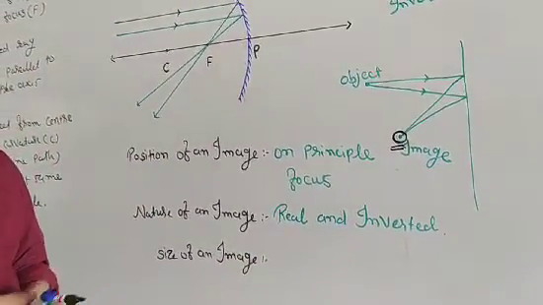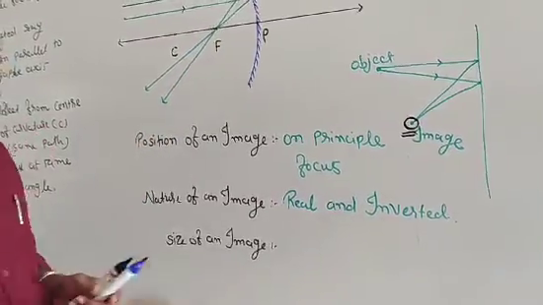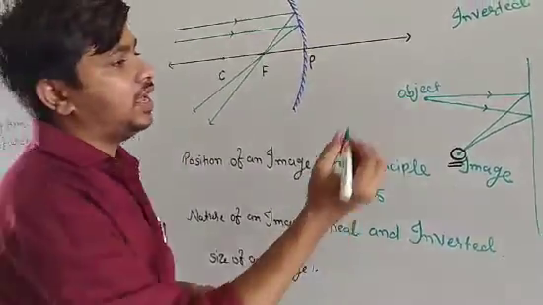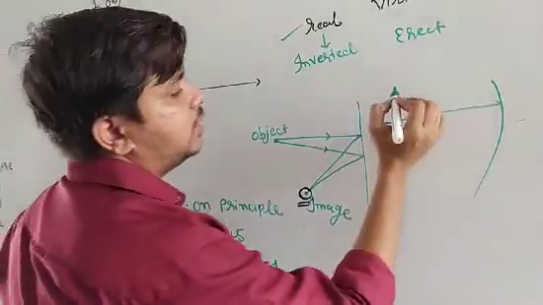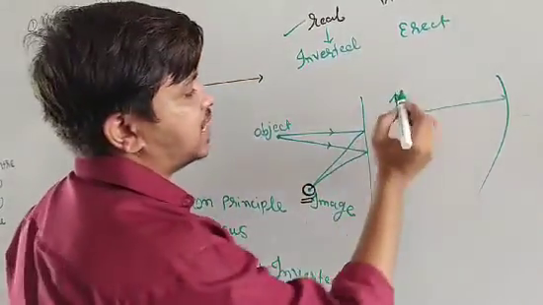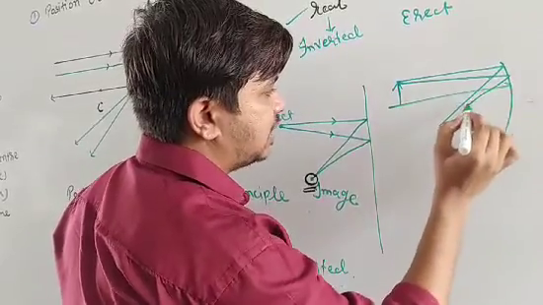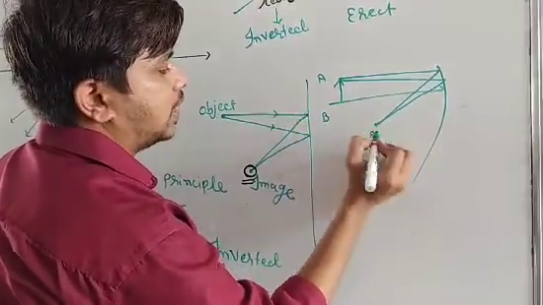What is the size? It is very small, just a point. Right? The image is just a point. As you know, when we draw an image like that, we pass two rays from the head. After reflection they meet at one point, then you get the head point here.